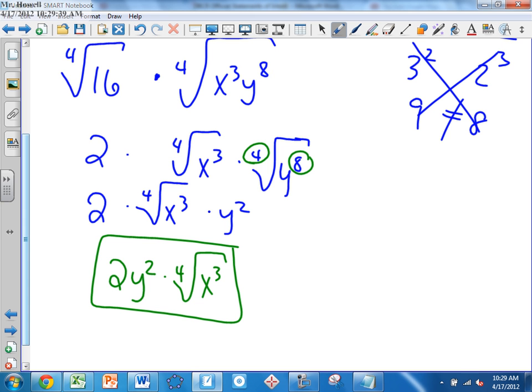And that's a times symbol. You don't need the times symbol there, but I'm going to put it there just to be safe. So I take everything that can be rooted, or fourth rooted in this case. 16 can be fourth rooted as 2. y to the 8th could be fourth rooted as y squared. But x to the 3rd, that cannot be fourth rooted. So I leave it alone.